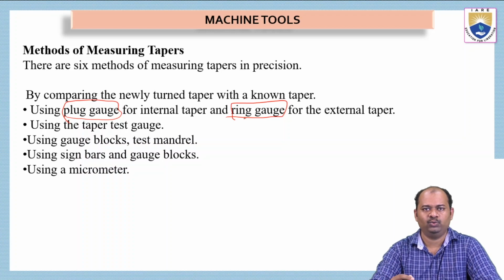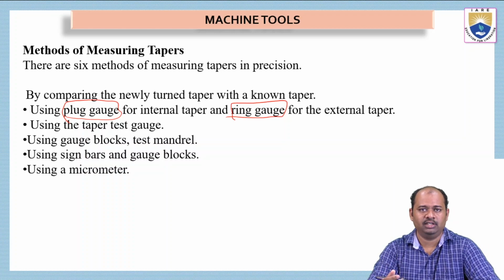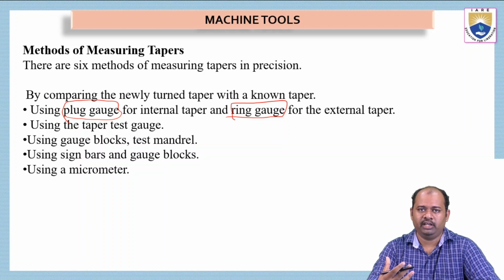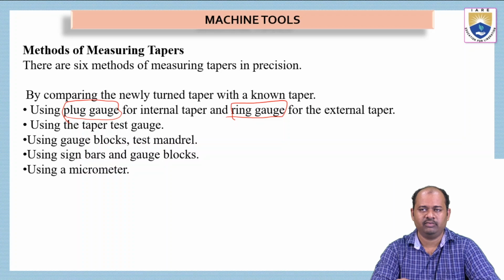These are very similar to strain gauges, which are used in engineering applications for the measurement of strain. The strain on a mechanical body can be measured with the help of a strain gauge. So the plug gauge and the ring gauge are very similar to strain gauges, where they can be used for measuring internal tapers or external tapers.